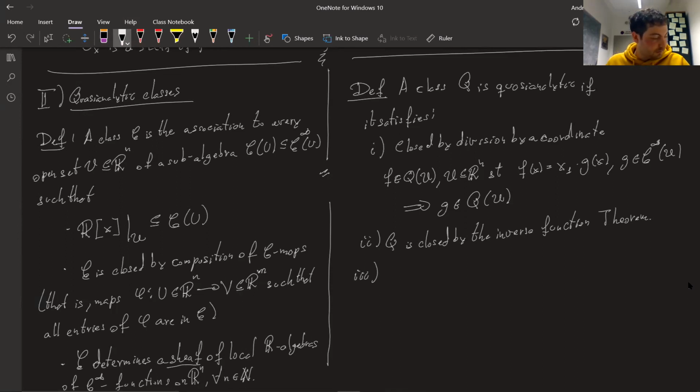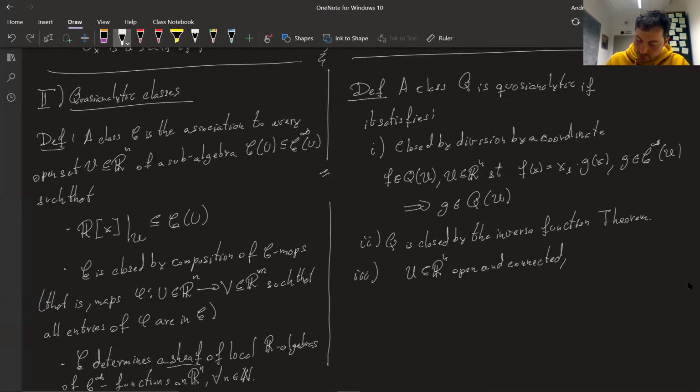And the last one is called analyticity. So for all U open, convex and connected, we don't actually need the quantifier.